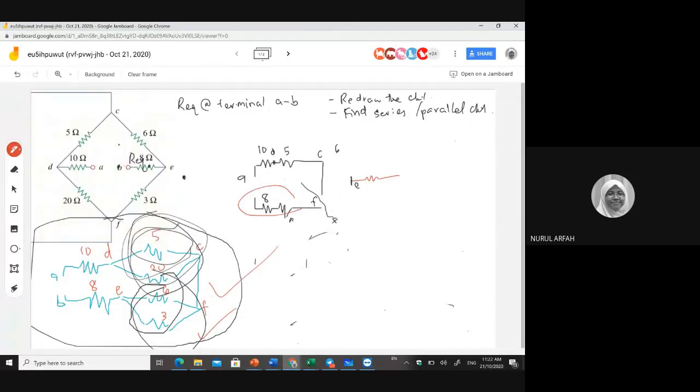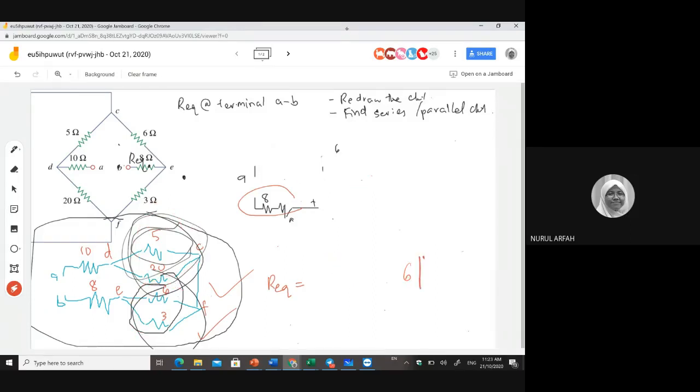Okay. So, alright. Write down the equation. R equivalent equal to what? Okay. R equivalent equal to this one in parallel. So 5 and 20 are in parallel. 6 and 3, they are in parallel, right?